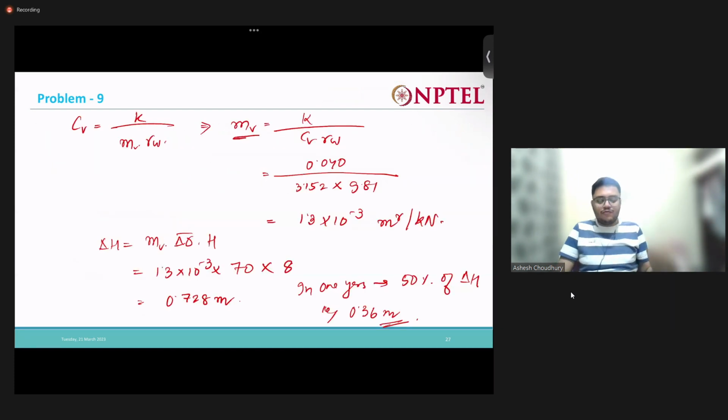Now using the coefficient of volume compressibility, I determined the ultimate settlement. Now I know that in 1 year 50% of the settlement is occurring. So 50% of 0.728 will give me the settlement in 1 year, that is 0.36 meters. Okay, this much settlement will actually occur in 1 year.